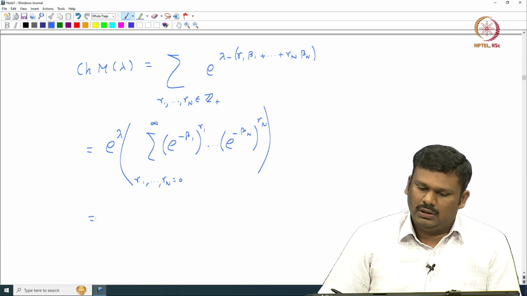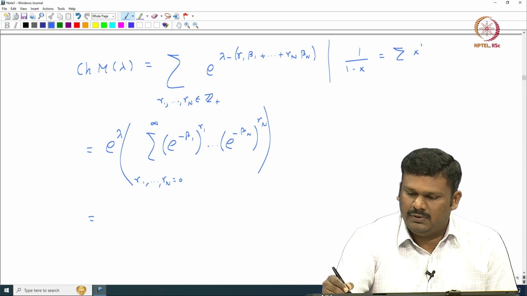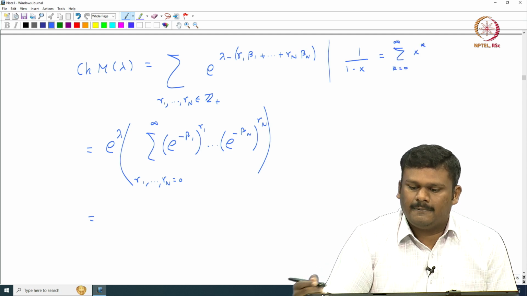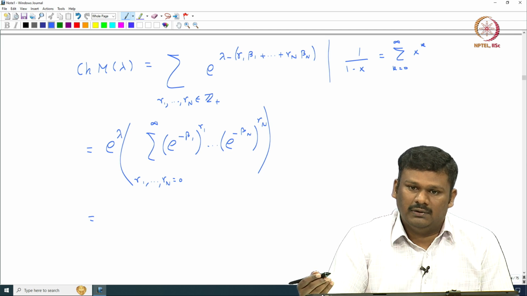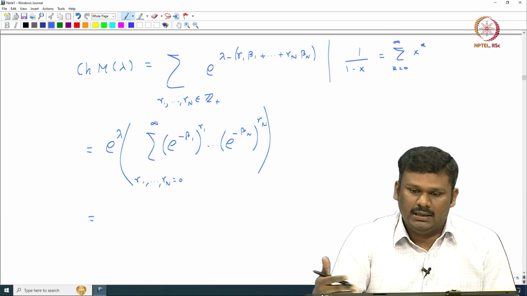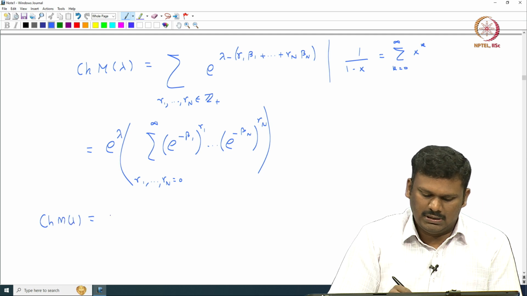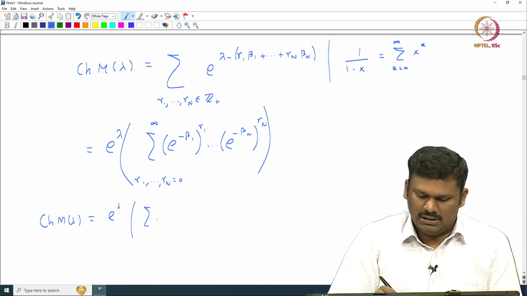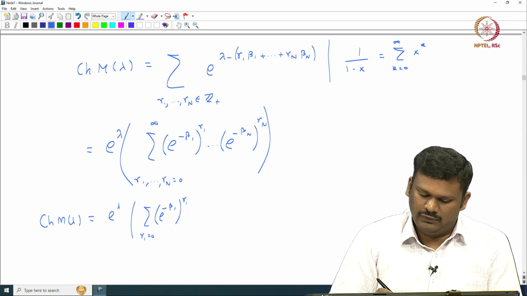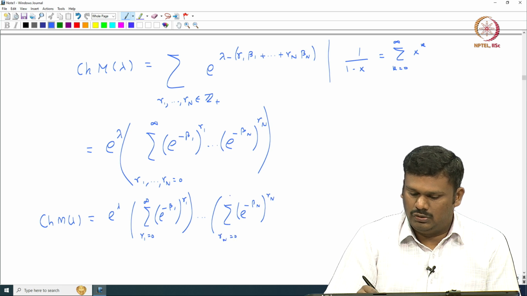So, now if you think about it, what is 1 divided by 1 minus x? That is nothing but summation x power k, k ranging from 0 to infinity. Everything that we are doing is in the formal world, so we do not care about the convergence; we just use this formal identity to replace all these things. So, then the character of M(lambda) becomes e power lambda times summation e power minus beta_1 power r_1, r_1 ranging from 0 to infinity, times etcetera times summation e power minus beta_n power r_n, r_n ranging from 0 to infinity.